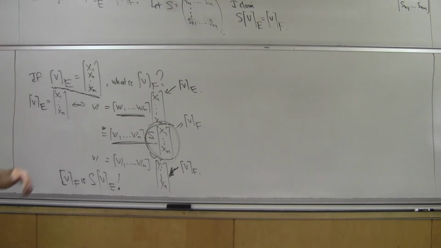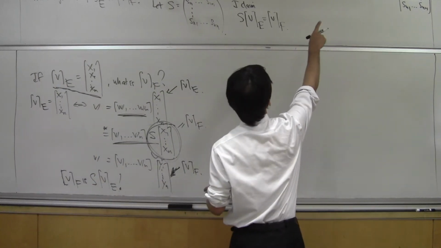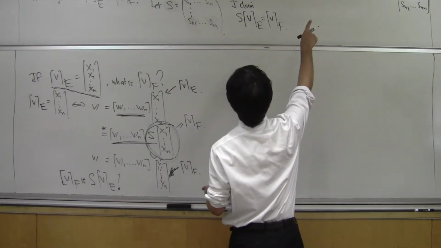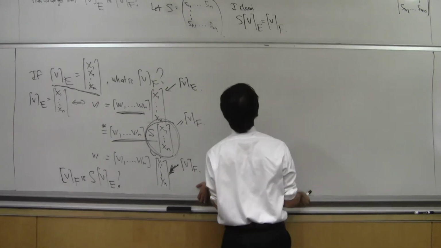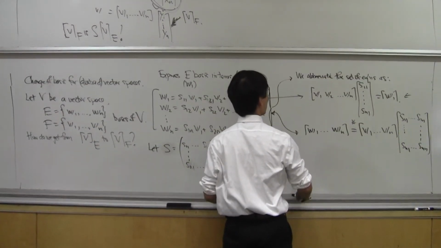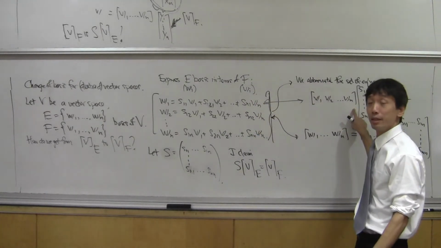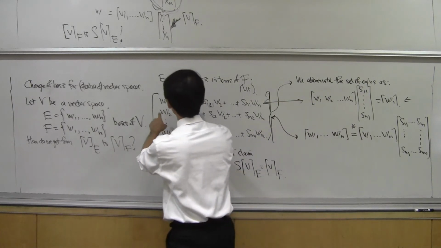Where in this explanation are you taking the transpose of the S matrix? Right here, going from here to here. Take a look. Right?